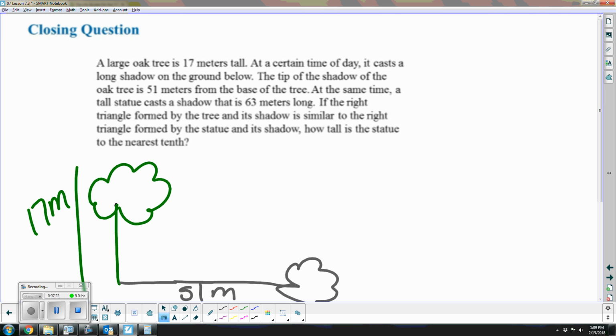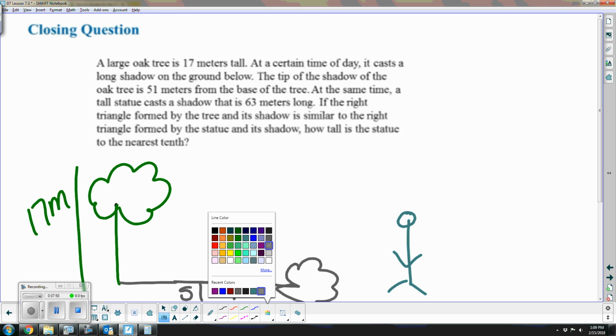Now at the same time, we have a statue. Here's my statue. It would be of a person. And the shadow of the statue is cast at the same time as the shadow of the tree.